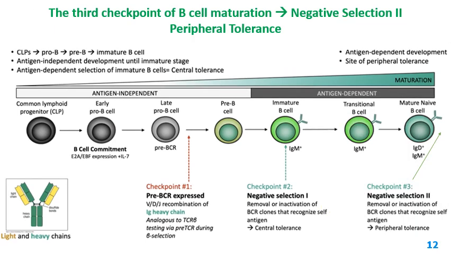Okay. Now, once you pass that stage, right? Once you pass the second checkpoint, then you're going to have the third checkpoint, where of course you remove your self-reactive clones, you kill them, right?